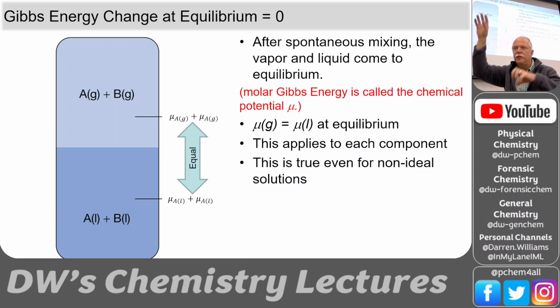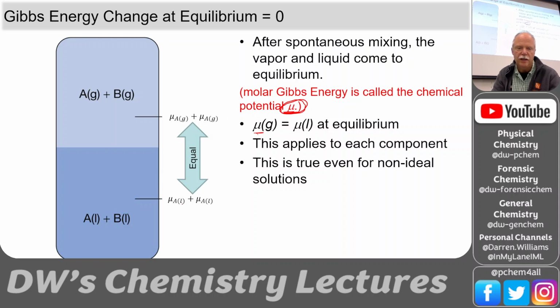That means the chemical potentials of all the chemicals in that equilibrium system are the same. This is an important principle, and this chemical potential we're calling mu. The molar Gibbs energy is often given the symbol mu.